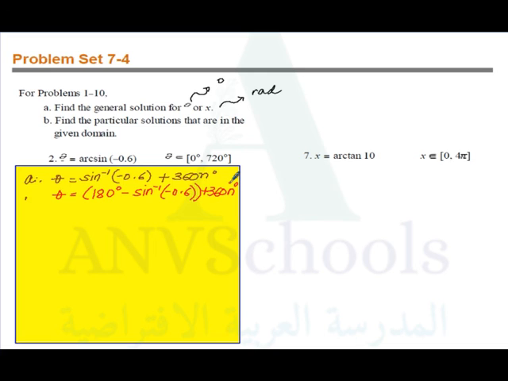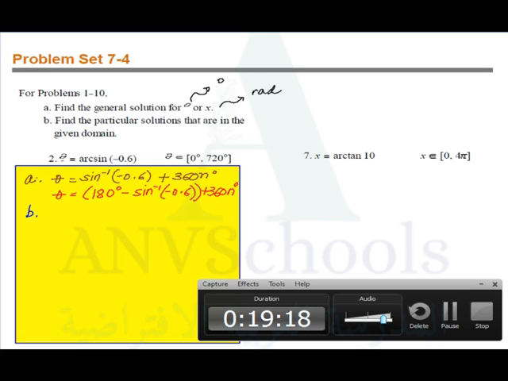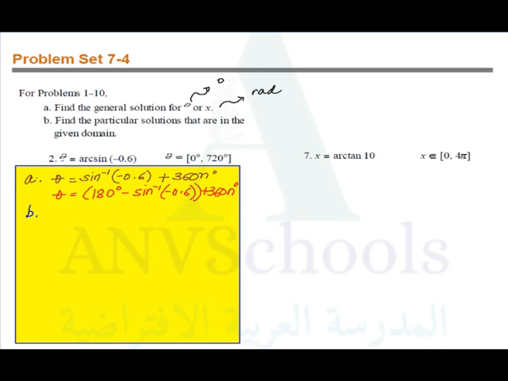So these are the two general forms of the solutions. So for B, we go back to letter B. But since we don't have much time here, we will continue this on the next video.